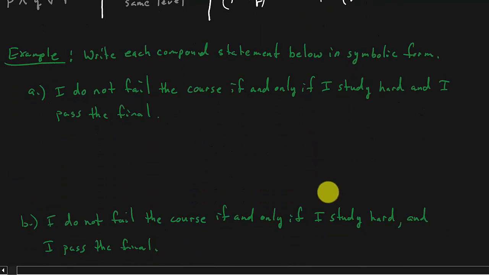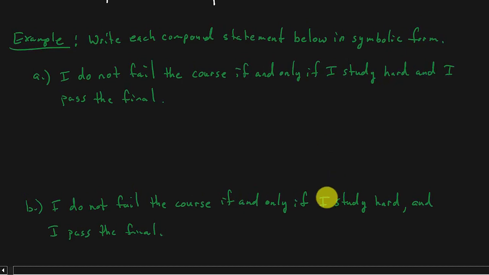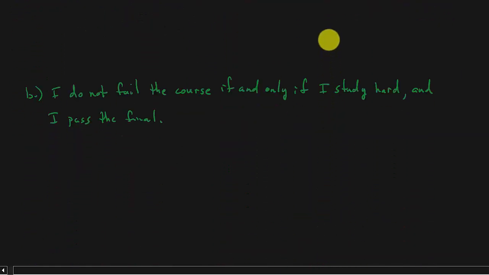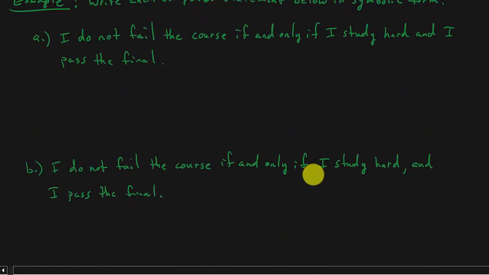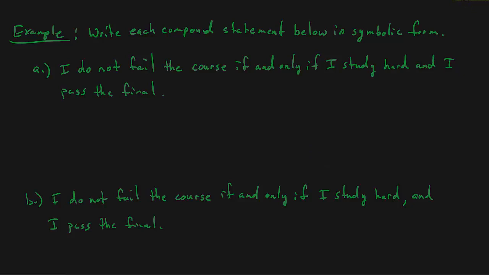All right, so let's look at this. It says write each compound statement below in symbolic form. And this is actually our last example here. All right, so let's go ahead and write these.